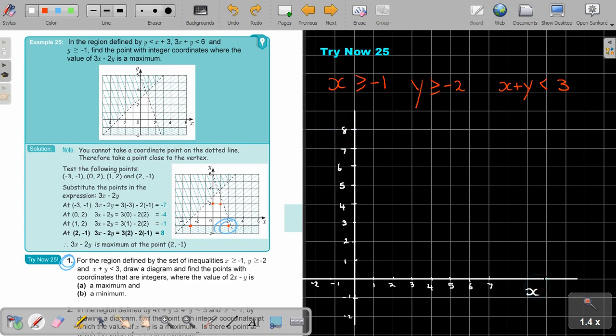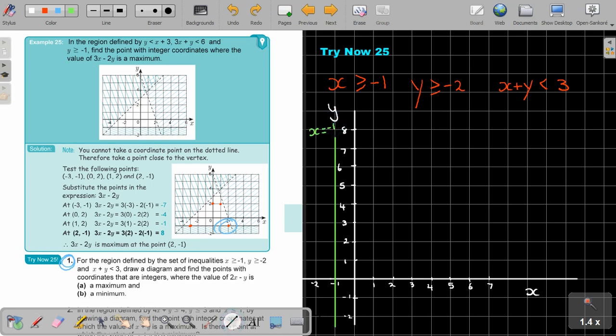This is my x-axis, this is my y. So x is equal to -1 cuts the x-axis at -1. So it's basically cutting there. Then y is cutting the y-axis, so let's just say this is x equal to -1.